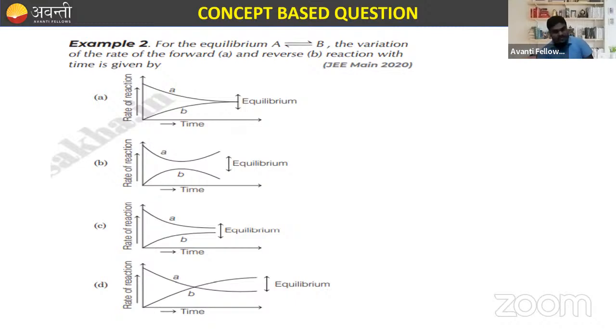A represents the rate of forward reaction and B represents the reverse reaction, right? Which of the following graphs is correct? Can anyone explain?